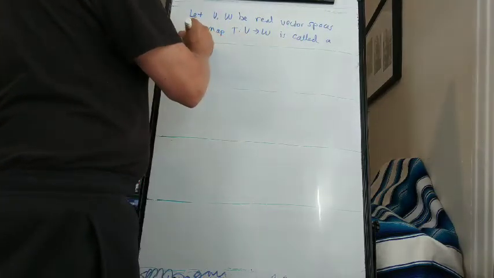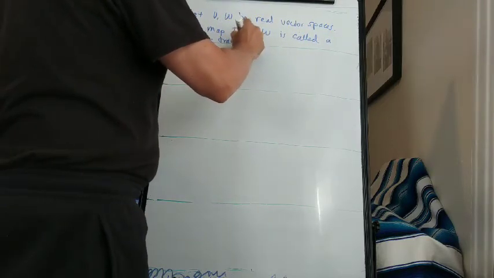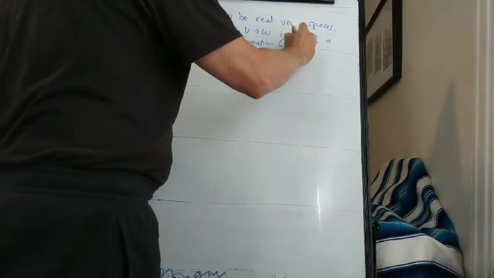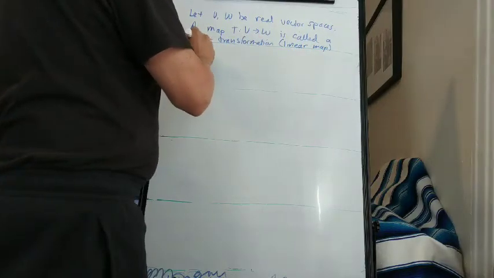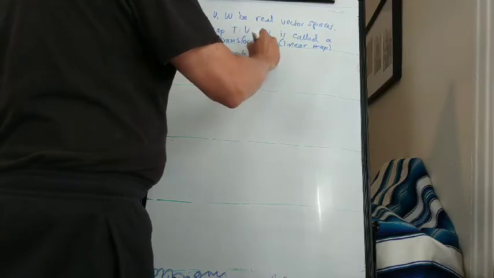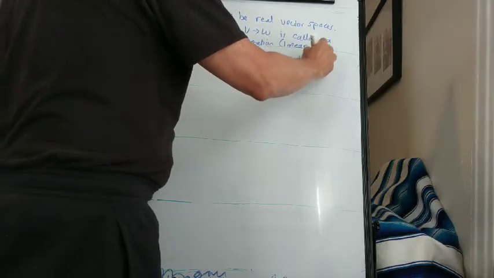A map T from V to W is called a linear transformation, or a linear map, if it respects linear combinations.